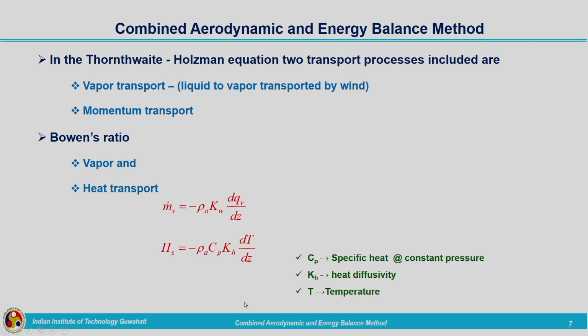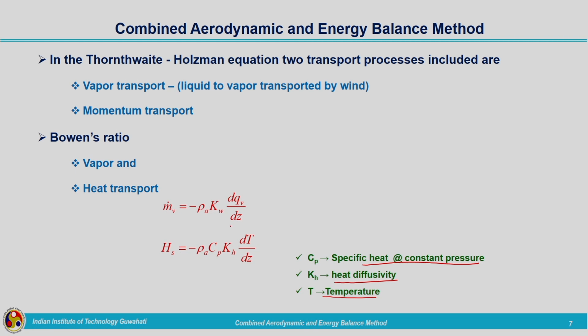Here Cp is the specific heat at constant pressure, Kh is the heat diffusivity, and T is the temperature. Comparing the equations, mv dot is directly proportional to the specific humidity gradient, dQv by dz, and heat flux is directly proportional to the temperature gradient, dT by dz.